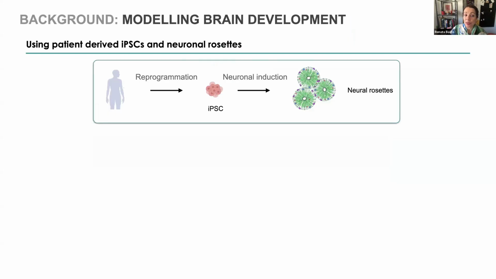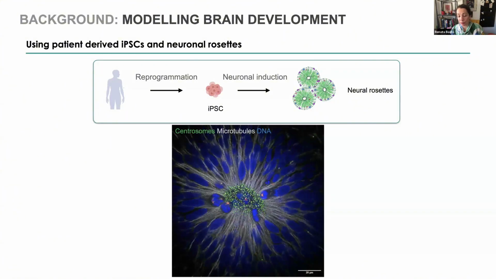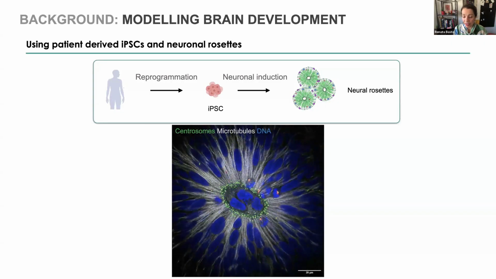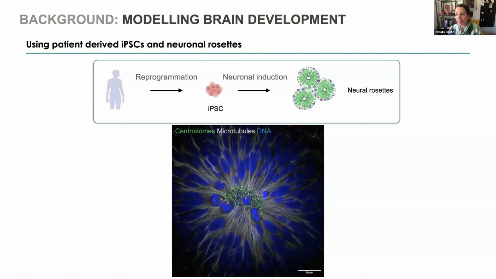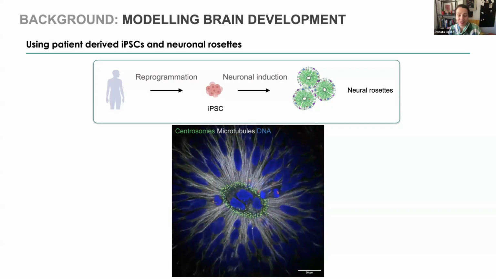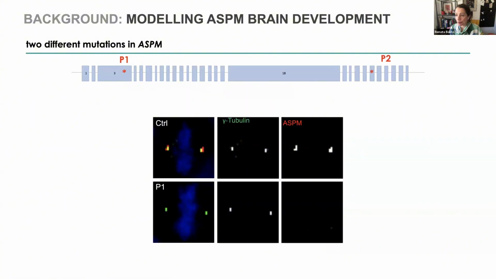So using patient-derived induced pluripotent stem cells, neural induction can be induced, which will lead to the formation of these beautiful rosettes that look like this, where you have centrosomes towards the apical side, with the mitotic spindles nearby. It's not like a ventricle, not like a brain, but there are some aspects of organization that we can identify very easily.